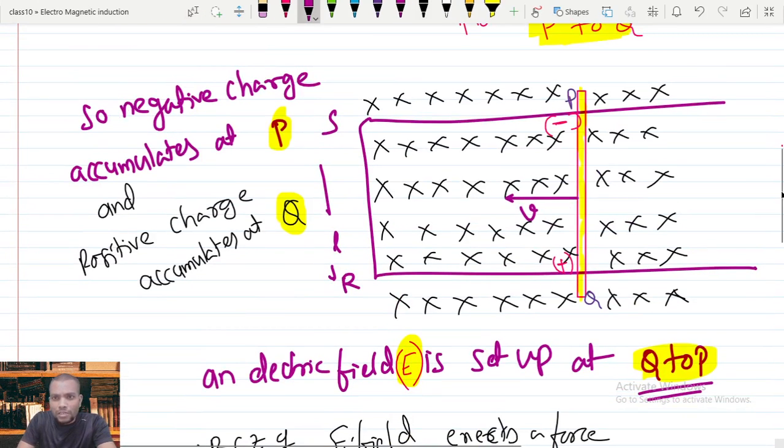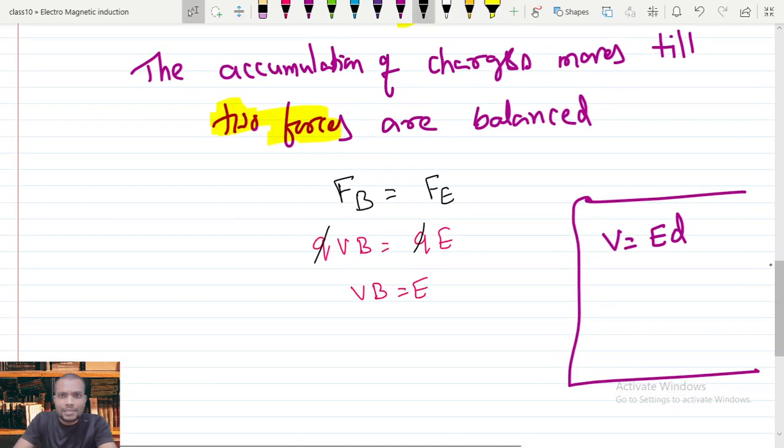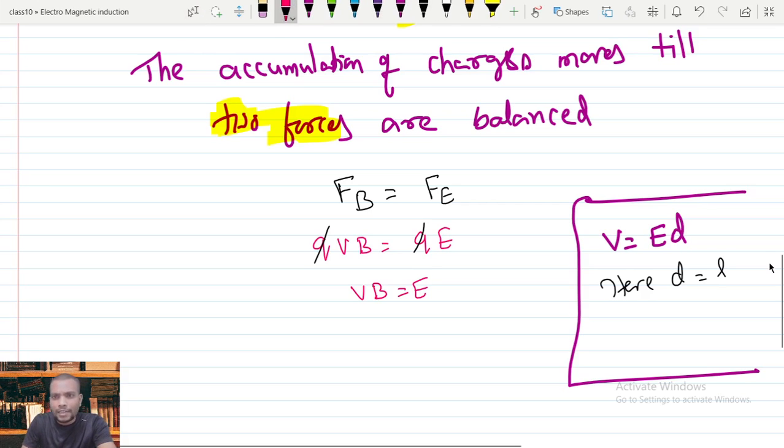To find the potential difference between P and Q, I need to know the electric field and the distance between P and Q. Here the distance between P and Q is nothing but L. So this formula I'd like to rewrite as V equal to E times L.